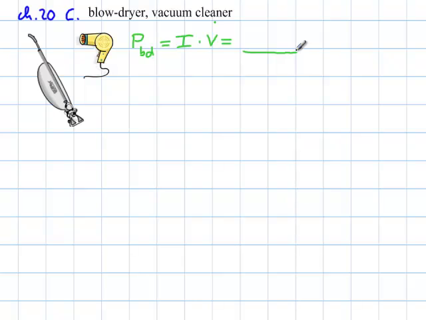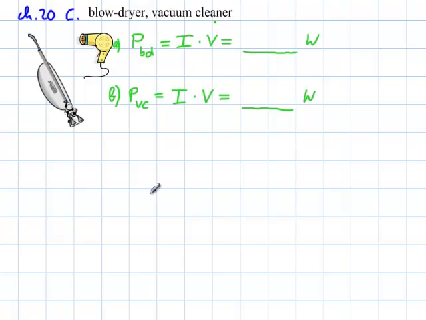Once again, 120 volts times 11 amps, so you should come up with 1300 watts. For the vacuum cleaner, VC, same thing. Electric current is given as 4.0 amps. Voltage is the same as the blow dryer, 120 volts. So that should come out to 480 watts. Those were parts A and B.